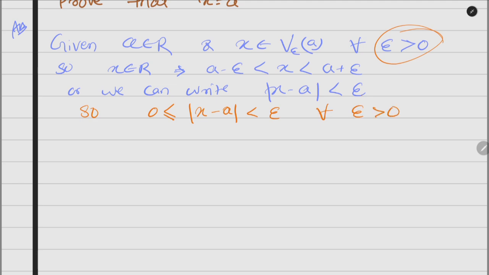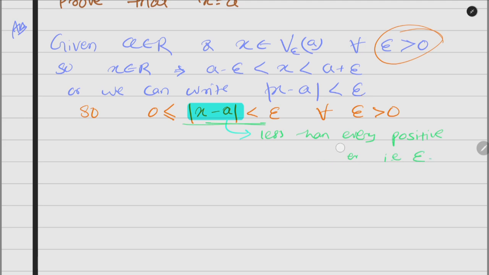Remember, while discussing I told this, mod of x minus a is less than every positive real number, that is epsilon.